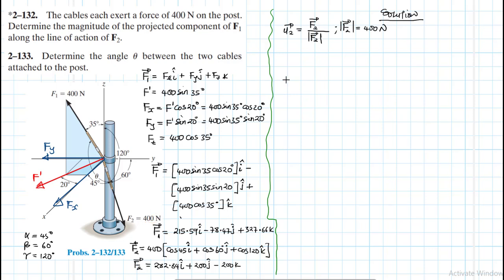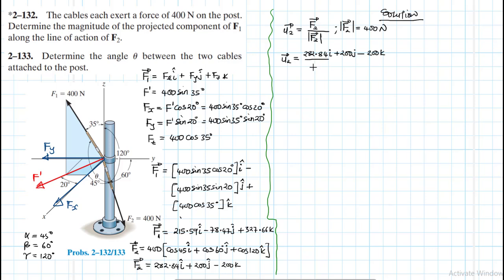Since we have that already, let's just feed all the information into our equation. So unit vector 2 is equal to force vector F2 on top, 282.84i plus 200j minus 200k.